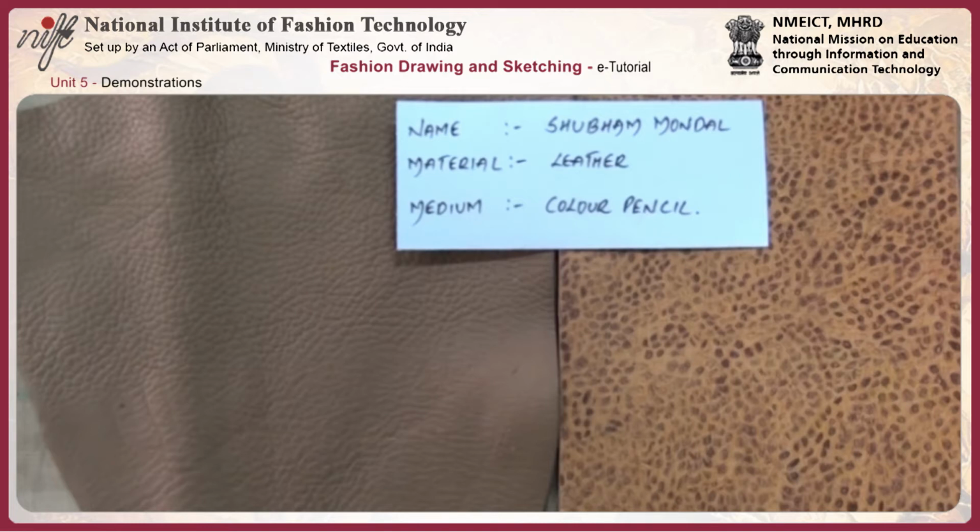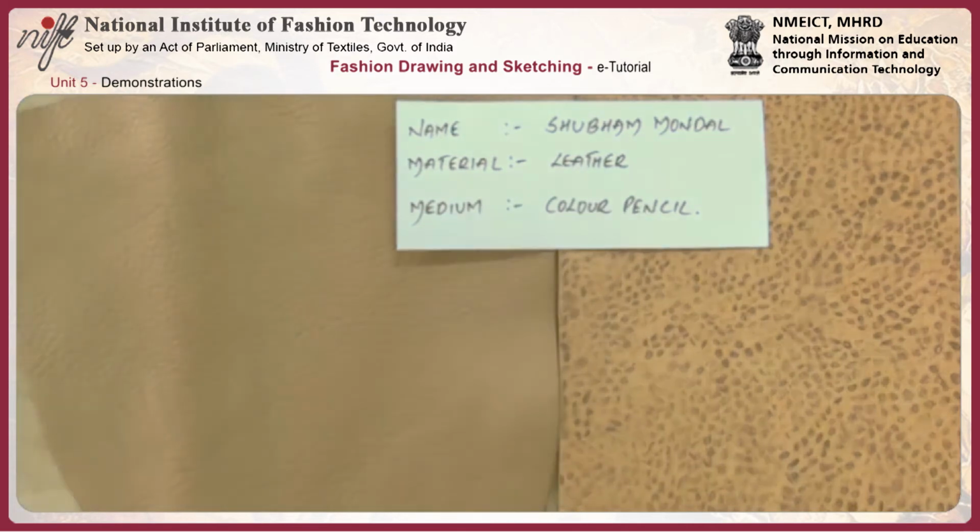This combination of light and dark colors renders the texture of the leather as realistically as possible. It also looks more natural, just like the leather that's kept for reference.